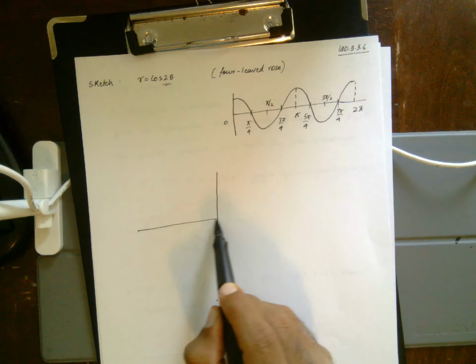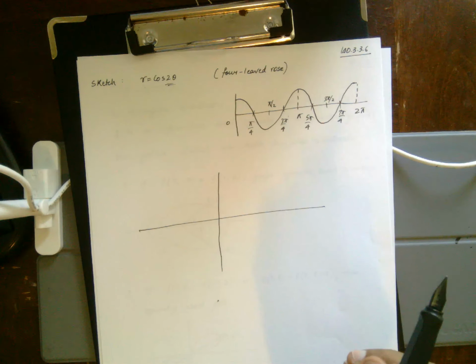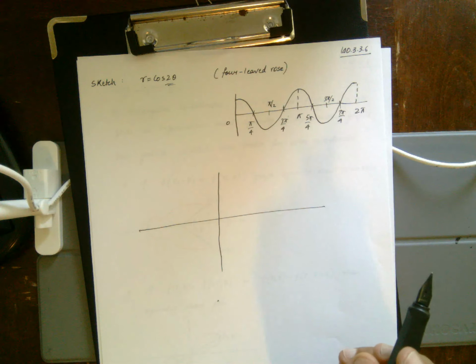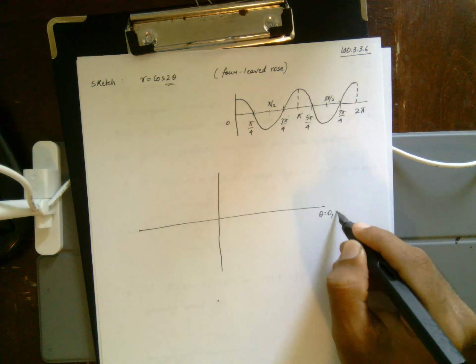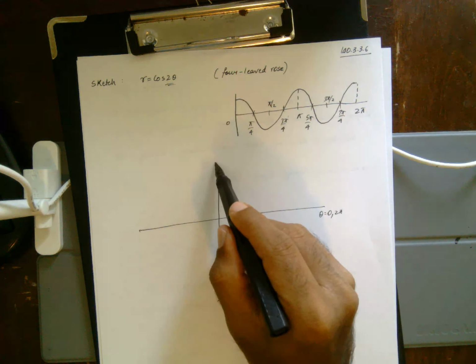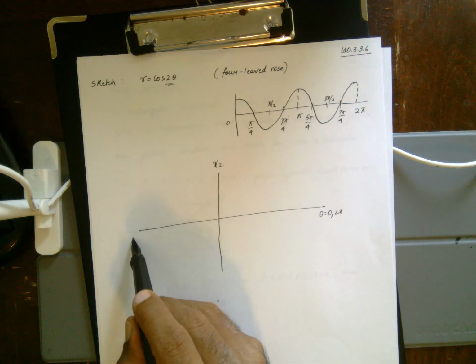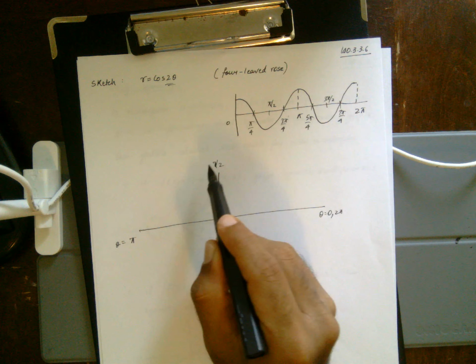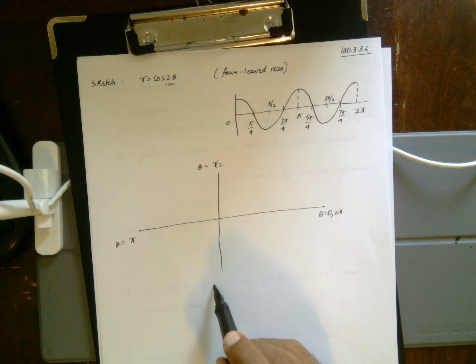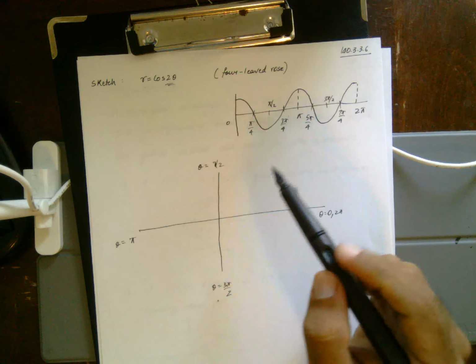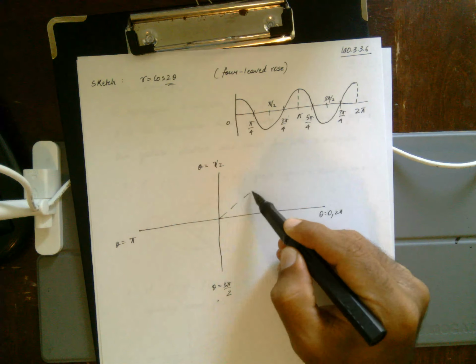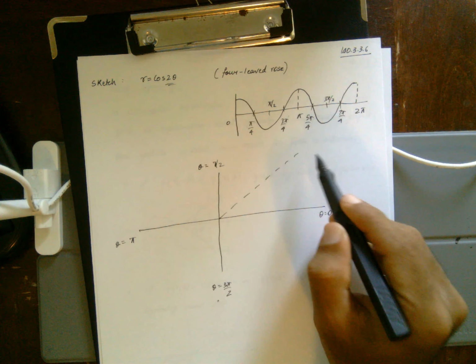Now on the axis, this is 0 and 2 pi, and this is pi over 2, this is pi, this is 3 pi over 2. Now pi over 4 is halfway, right? So pi over 4 is the line y equals x.